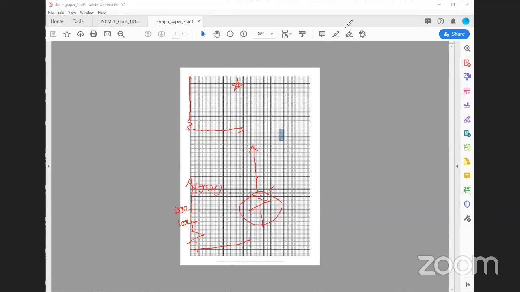This one is very important. Be very careful. You cannot do it in this way: 1,500, and then you suddenly add such a symbol, and then it becomes 4,000. This cannot.